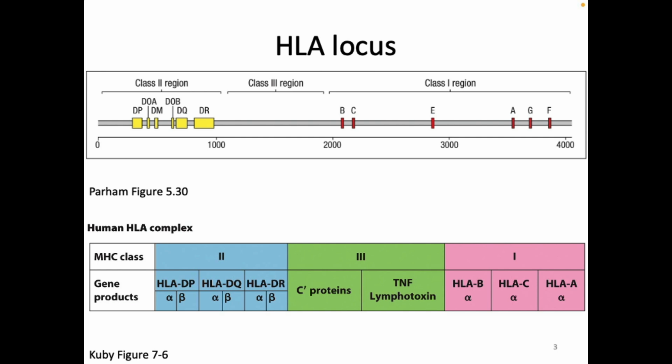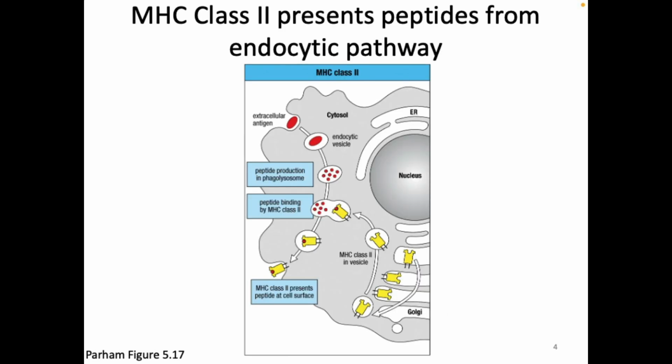If you noticed in your textbook that there were some letters in this figure I hadn't told you about, know that they're just like the friends or the helpers dealing with MHC presentation. So we're thinking here about the MHC Class II process, and I've already told you that MHC Class II is going to be presenting peptides from the endocytic pathway.